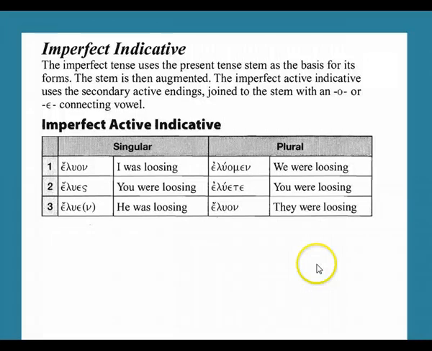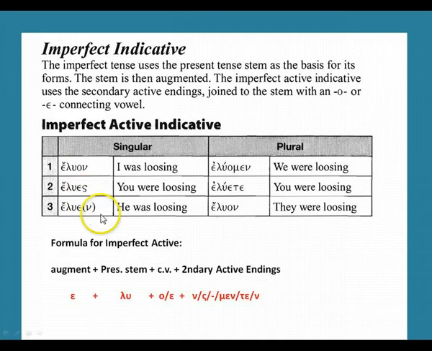Again, the imperfect tense indicates ongoing action in the past. And the imperfect tense adds the augment to the stem, a connecting vowel, and then the secondary endings. So the formula for the imperfect active is augment plus the present stem plus the connecting vowel plus the secondary active endings.